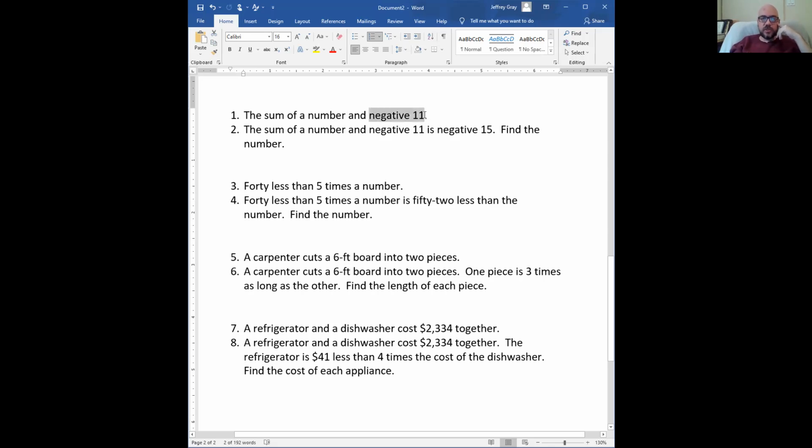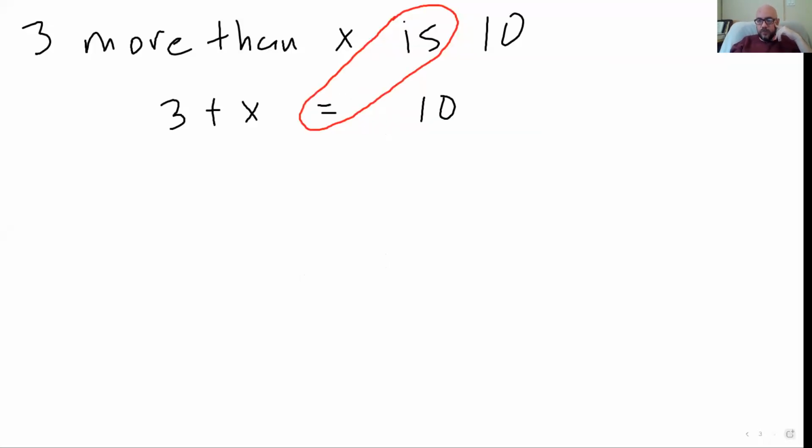So let's look at this. Go back here. So number one, the sum of a number and negative 11. So the two things with the "and" are the things that you're adding, right? You can write this as x plus negative 11 if you want.